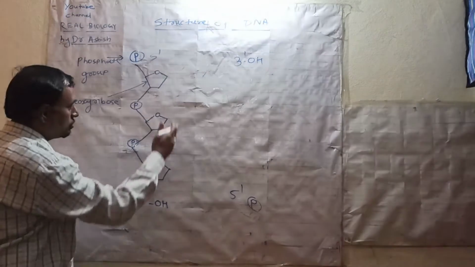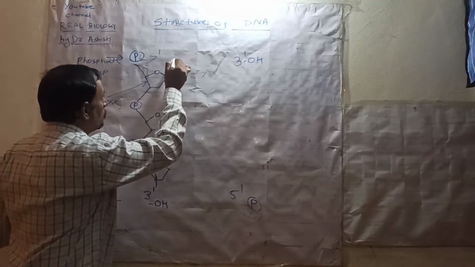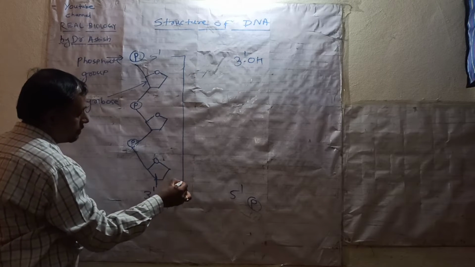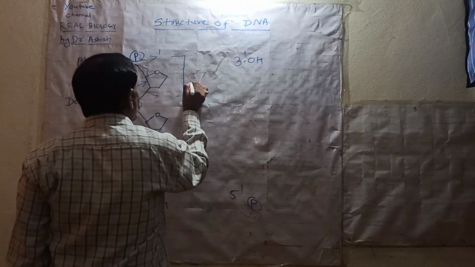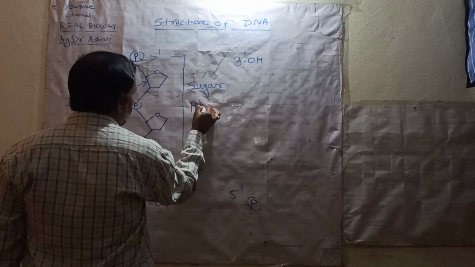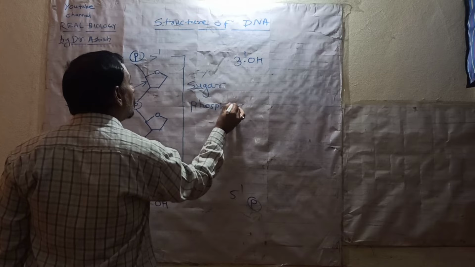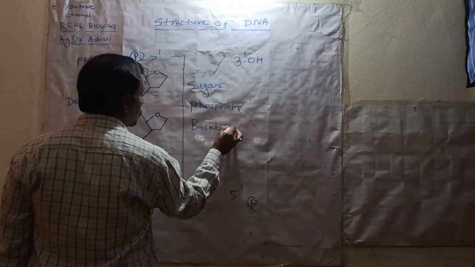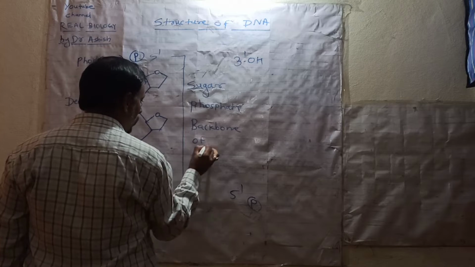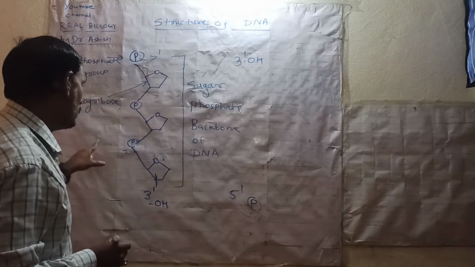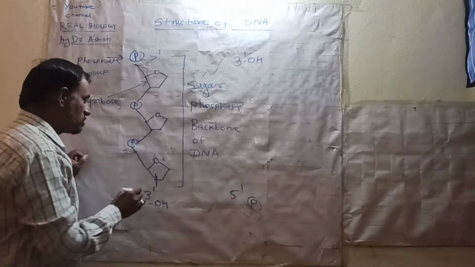This whole structure is known as the sugar phosphate backbone of DNA, because of which the DNA gets strength.